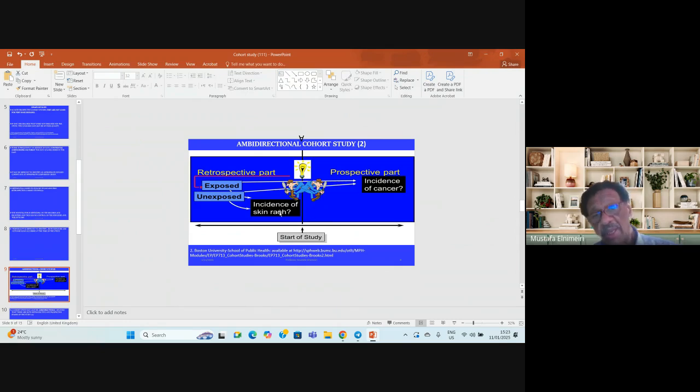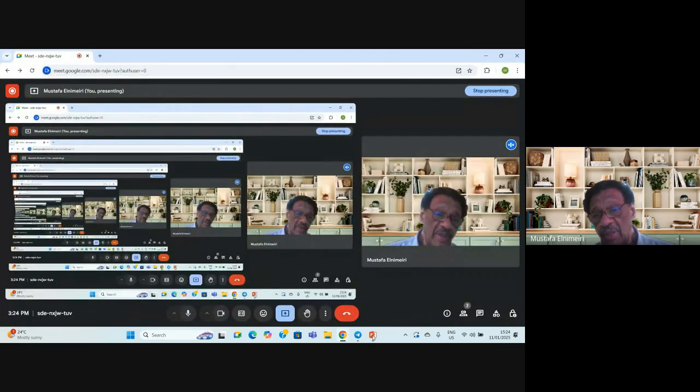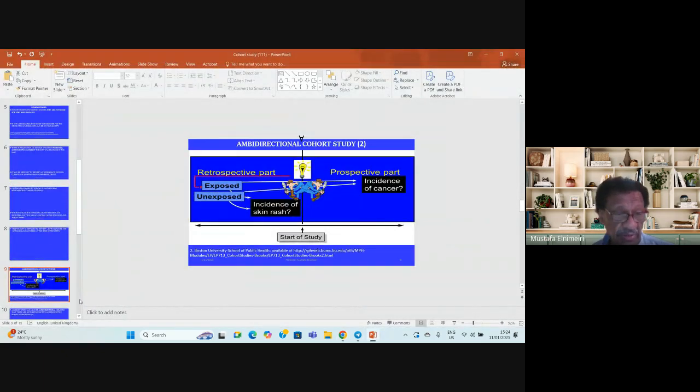For example, we are interested to find out whether there is an association between exposure and the incidence of skin cancer, and then we follow them in the prospective phase to find out if there is incidence of skin cancer among the two groups. So we have two components, the retrospective phase and the prospective phase, and thus it is called the retrospective prospective cohort study design, or the ambidirectional cohort study.